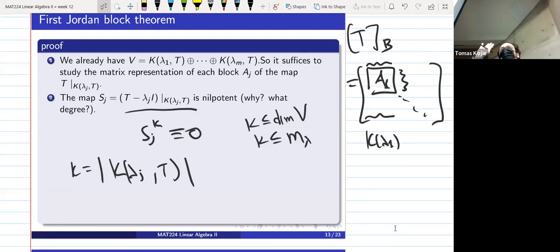We proved a bunch of slides ago that the degree of a nilpotent map is at most the dimension of the space. But the dimension of the space here is the thing you restricted to, which is K_lambda_j. So if you were restricted on V, it would be dim V, but you're even restricted to a smaller space, K_lambda_j.